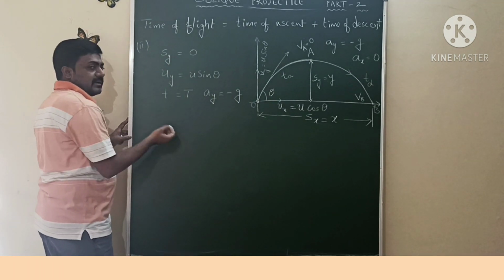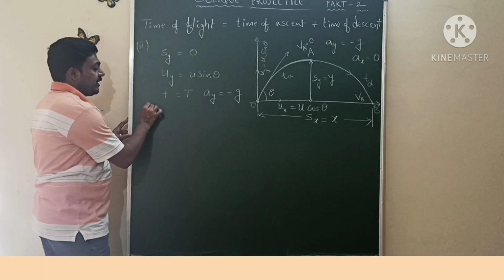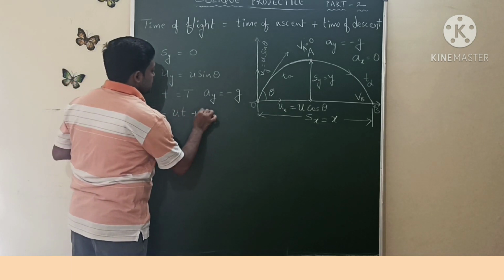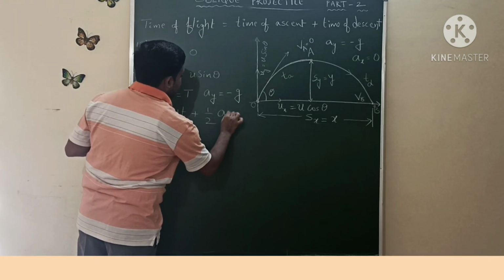Now let us consider the second equation of kinematics. S is equal to ut plus half a t square.